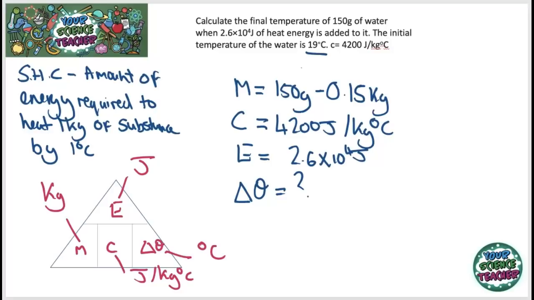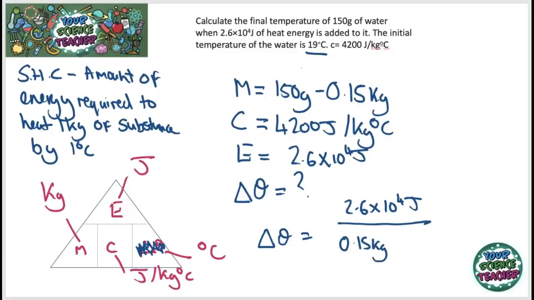So let's see how I'm going to work this out. So if I cover up my change in temperature here, my change in temperature equals the energy, which is 2.6 times 10 to the 4 joules, divided by my mass, which is 0.15 kg, times the specific heat capacity, which is 4,200 joules per kilogram degrees C. And that equals 41.2698.